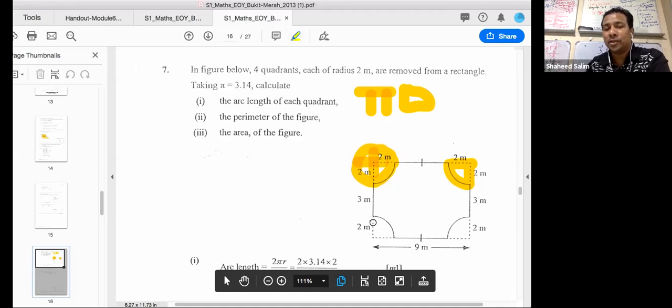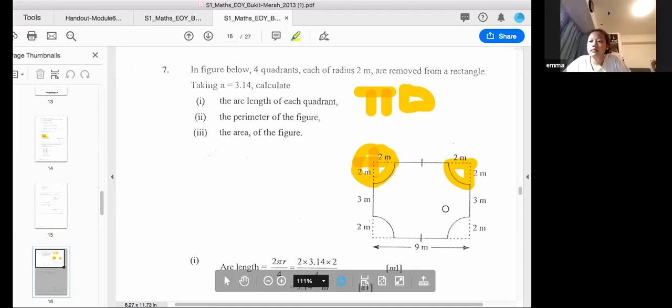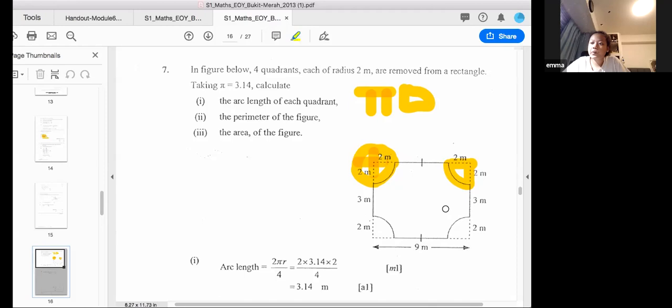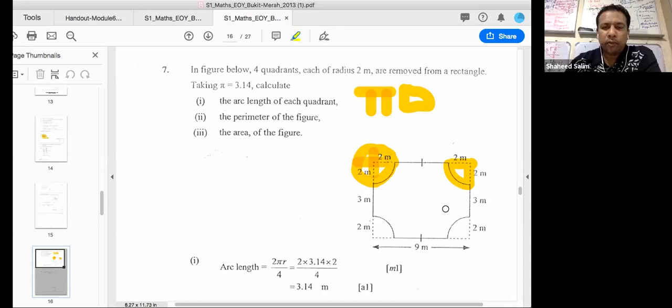You know this, you can find. Can you find the perimeter of the figure? $28.56.